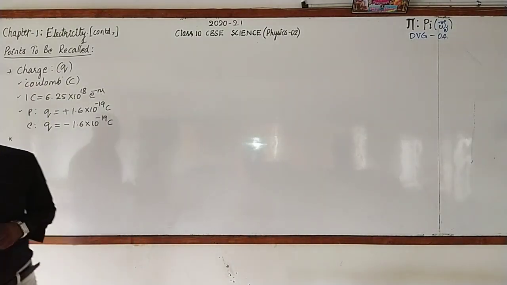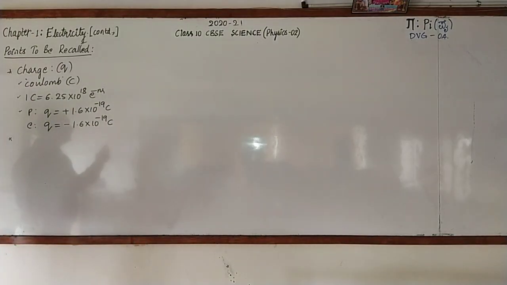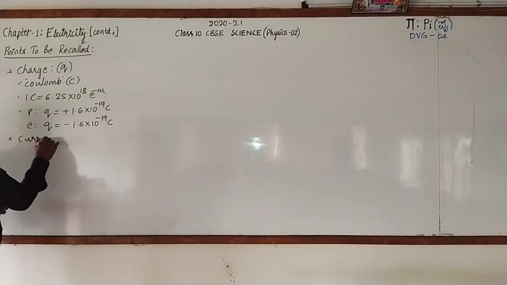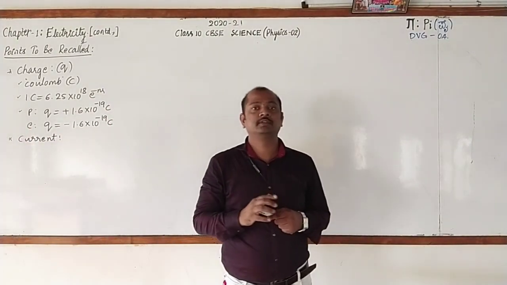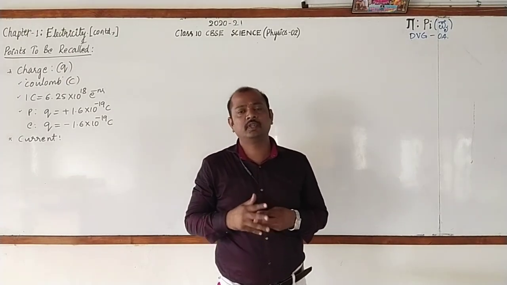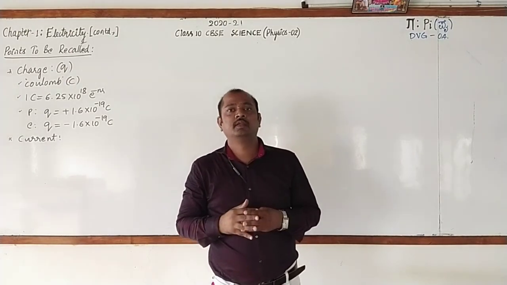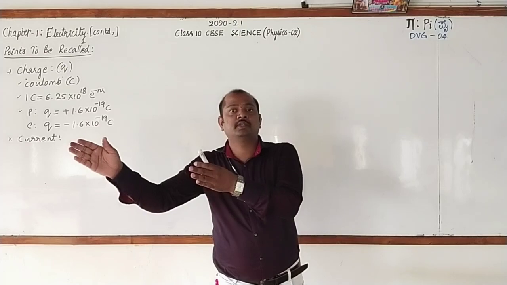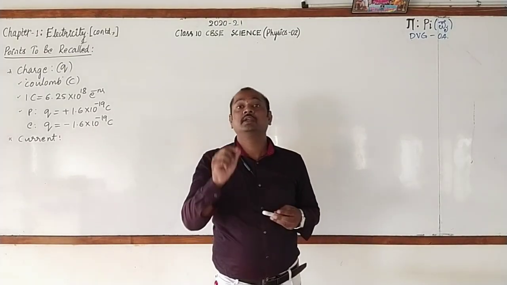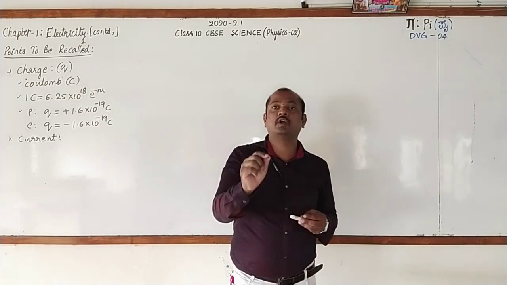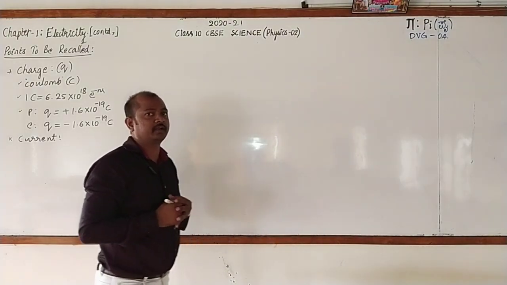Next, we came to know one more important term, that is current. What is current? The rate of flow of electric charges is called current. Then what does it mean? The number of charged particles passing through any cross section of the conductor in unit time is called the rate of flow of electric charges.